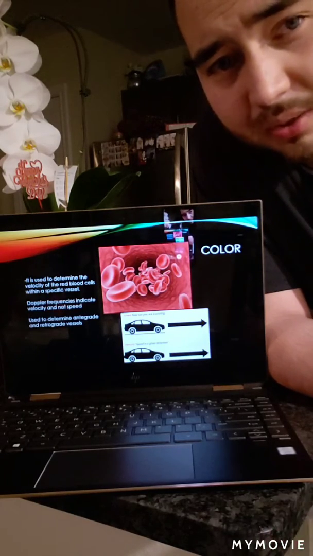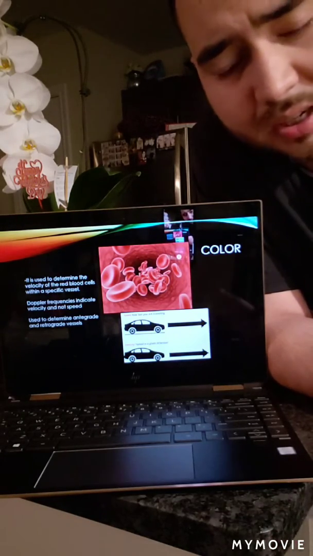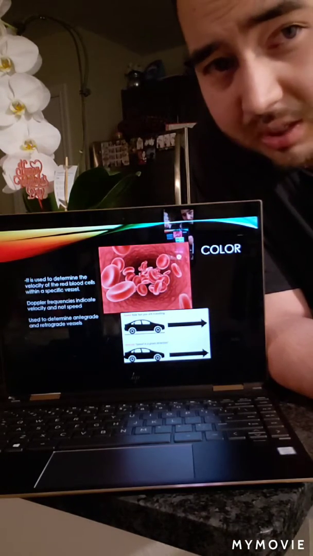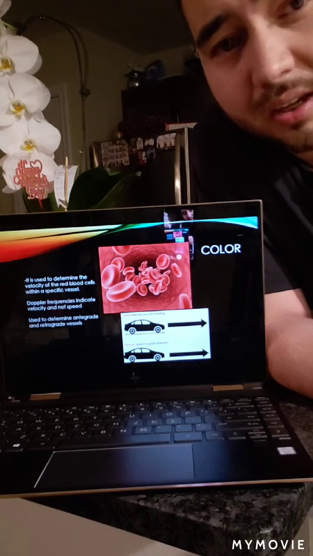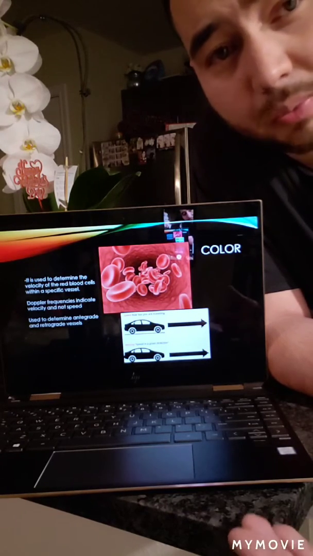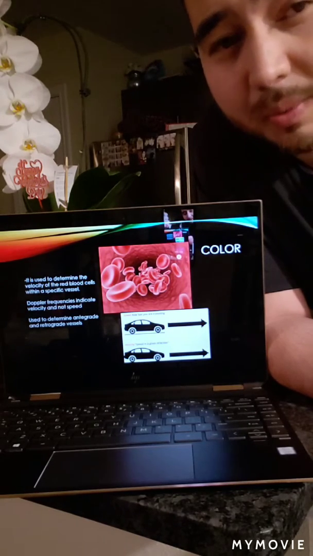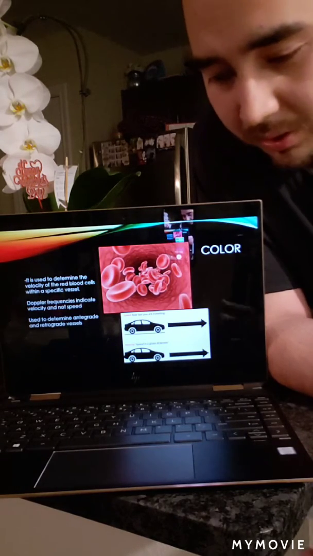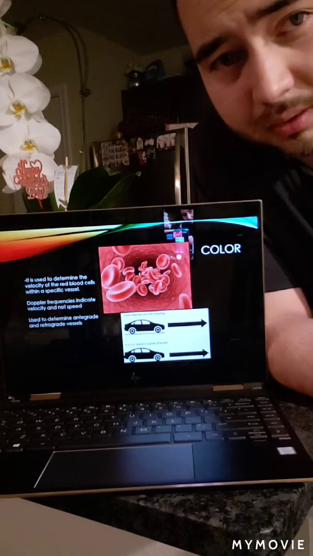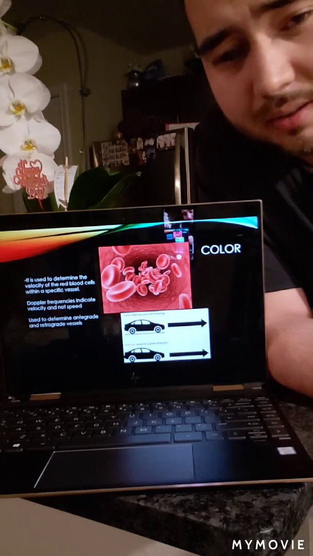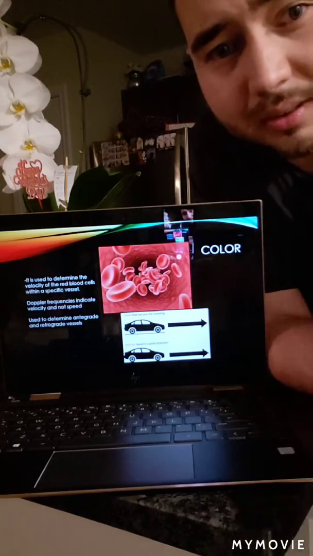So the same for the blood cells. If the blood cells are going 100 miles per hour, that's speed. Now, if I say the blood cells are traveling 100 miles per hour towards the heart, then that would be velocity. It's important to know that color Doppler is measuring the blood cells' velocity, not speed.